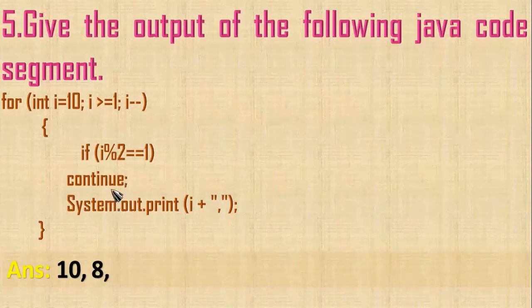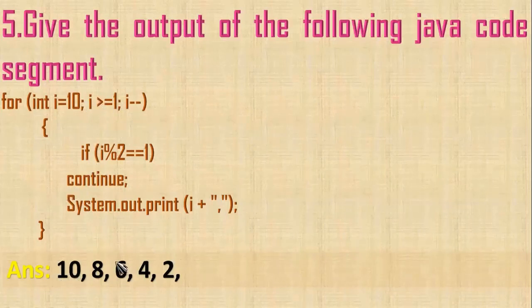Again when it becomes 7, 7 mod 2 will be 1. So it will not get printed, it will continue to the loop. When it becomes 6, it will get printed. In the same way, it will be continuing up to 4, again 2. When it becomes 1, 1 mod 2 will be 1. So it will continue here. Then when it becomes 0, that is false, it will come out of the loop.